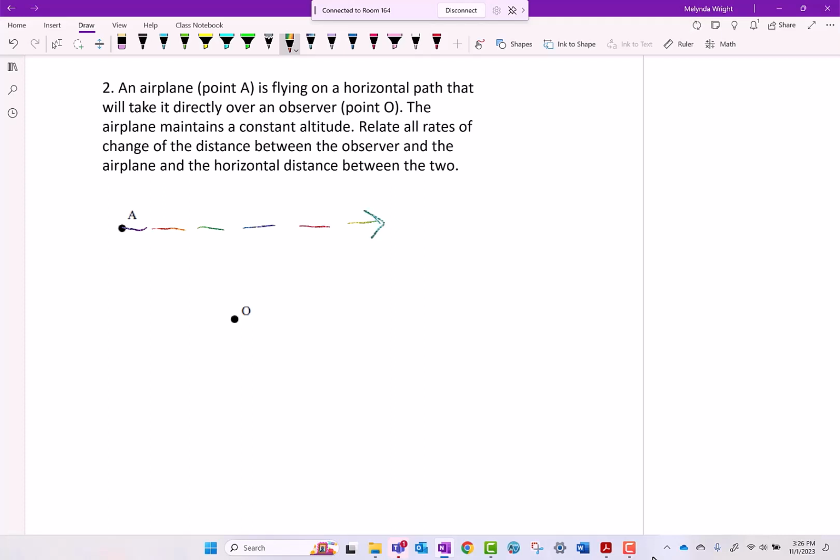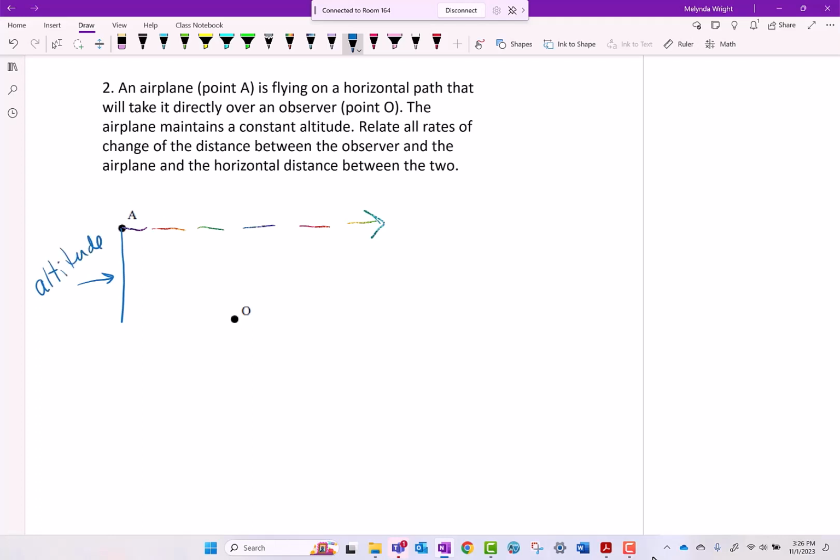It's going that way. It's flying on a horizontal path that's going to take it directly over the observer. The airplane maintains a constant altitude. So what that means to us is that I'm just going to draw this, we're just going to measure this. This is the altitude.